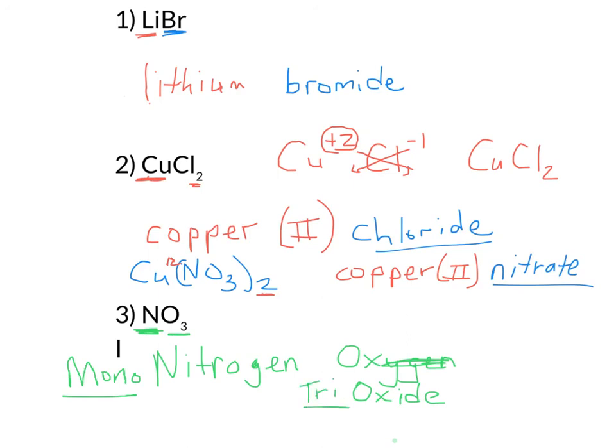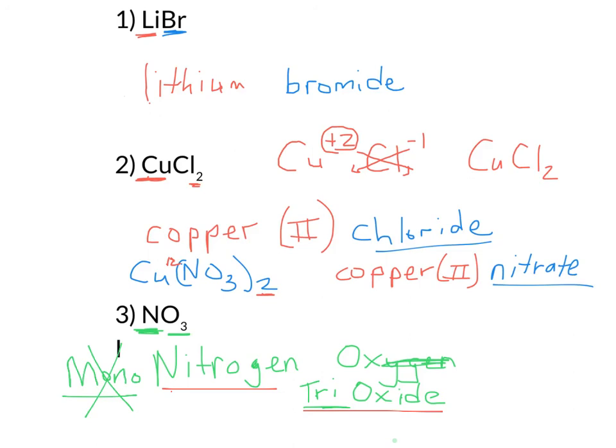But remember that one thing I highlighted in yellow on the last slide: we don't put mono on the first element. We're lazy chemists. We take shortcuts whenever we can. So our final answer for this would be nitrogen trioxide. Nitrogen trioxide would be our final naming for that.